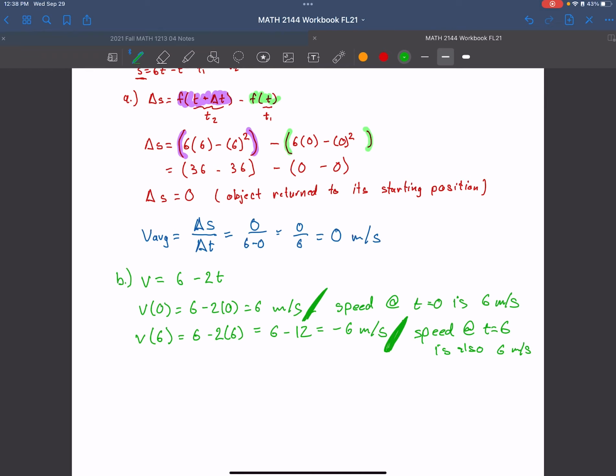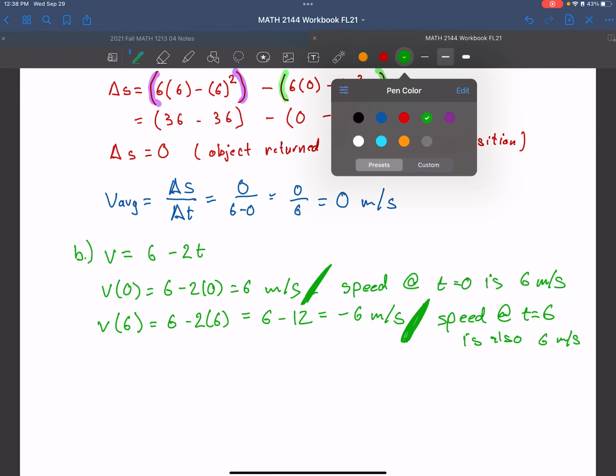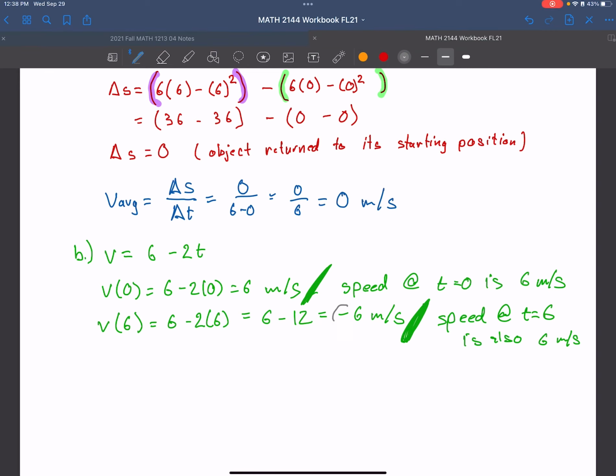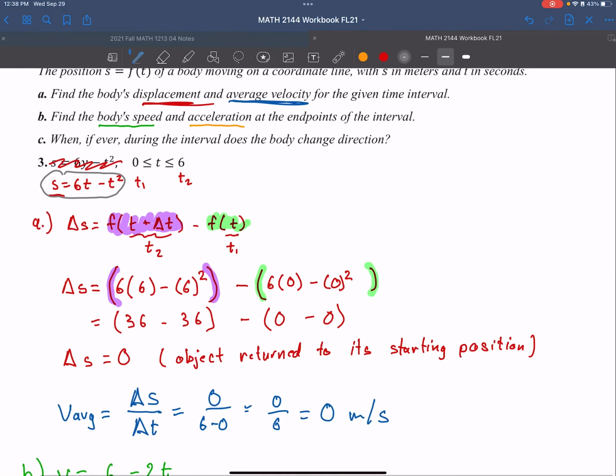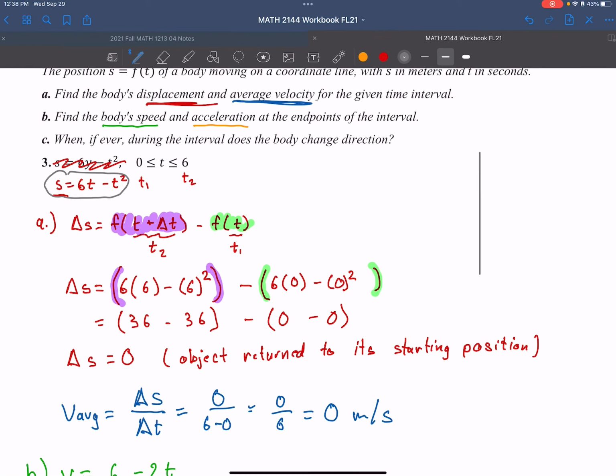Yeah. So what would the negative sign mean in relation to velocity? Sure. So to keep context in mind, what does this minus sign mean? Something that will help us understand what this function is doing is to sketch it off to the side. If you set 6t minus t squared equal to 0, you would find t is equal to 0 and 6.